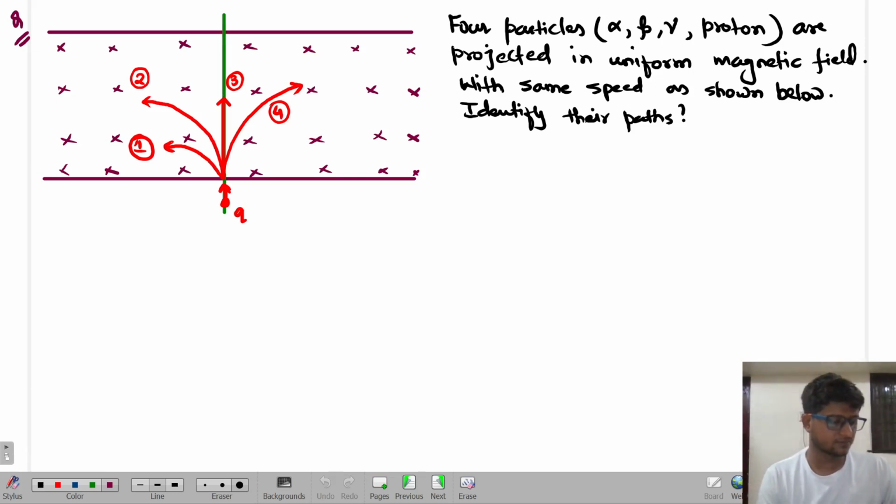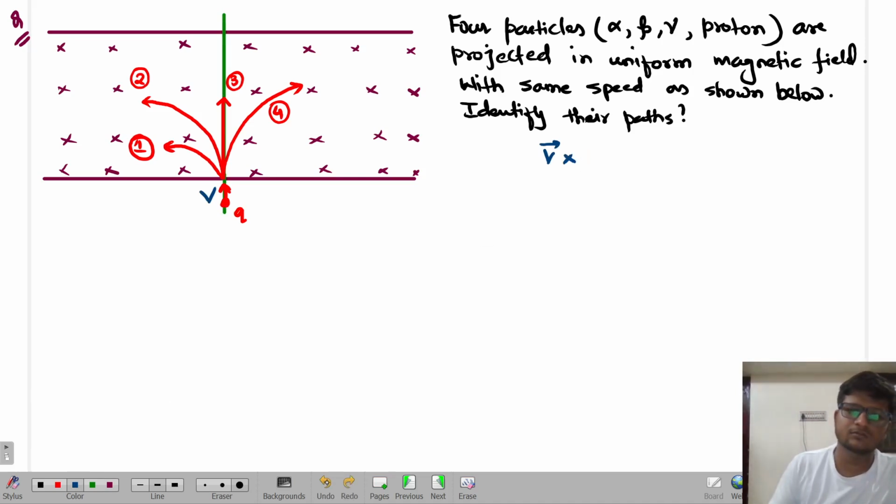Tell me fast. Basically, the idea is simple. Again, this is velocity v, so the force is along v cross B. Yes or no?